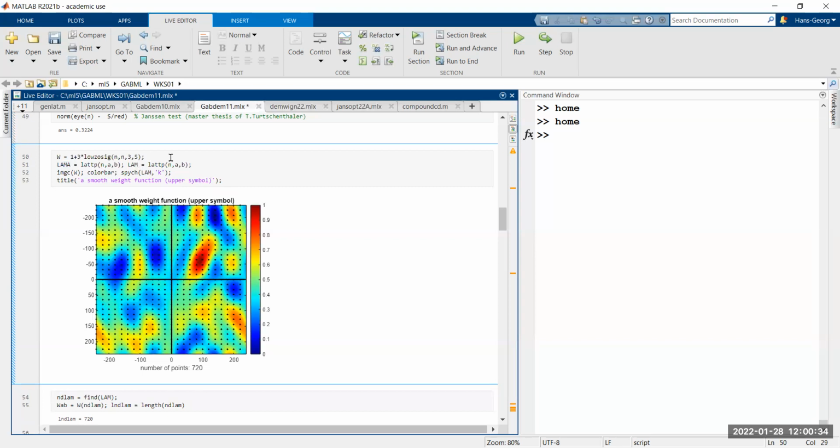What I really do is take a random trigonometric polynomial of degree 3 in the horizontal direction. So I have 3 positive, 3 negative frequencies, so 7 time shift parameters. And in the vertical direction, I have 5, so I have 11.